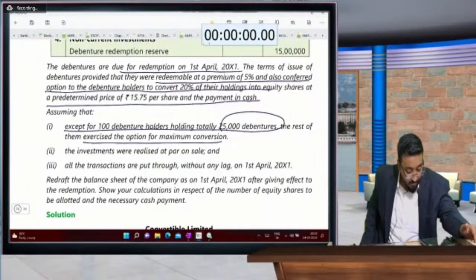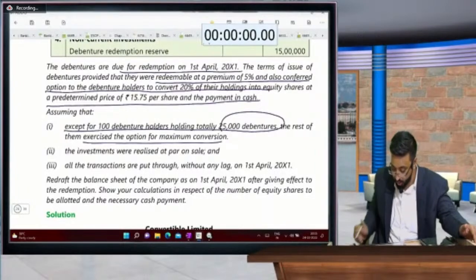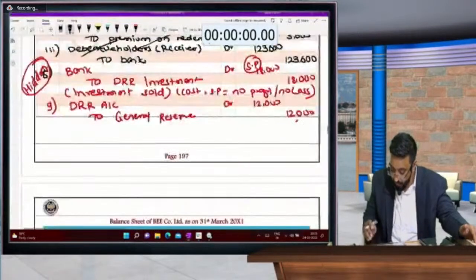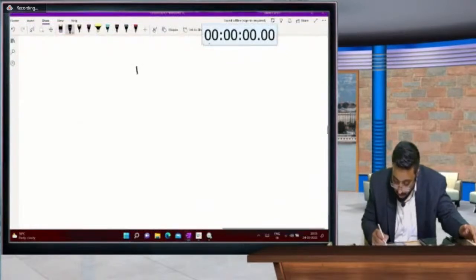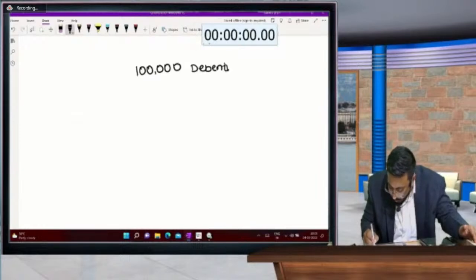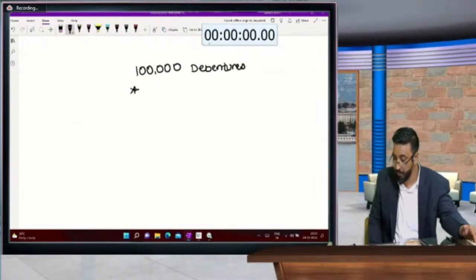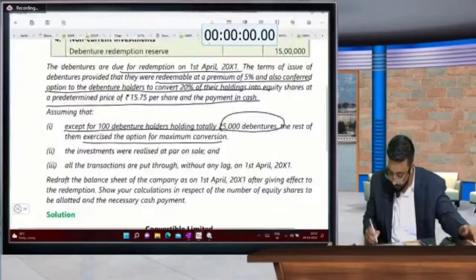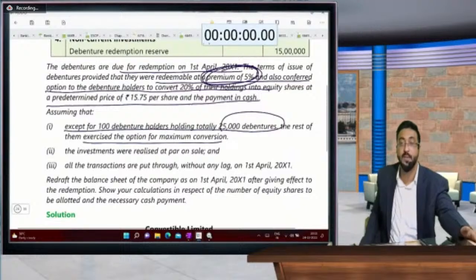Beta, very easy question. I will give you the first table. Write down with me. How many debentures are there? 1 lakh debentures. You are going to pay them 105, a premium of 5%.